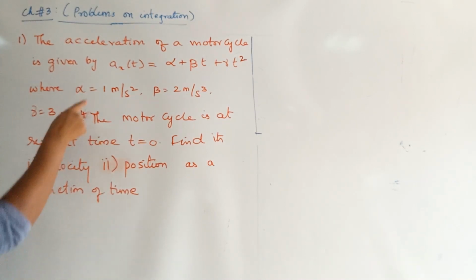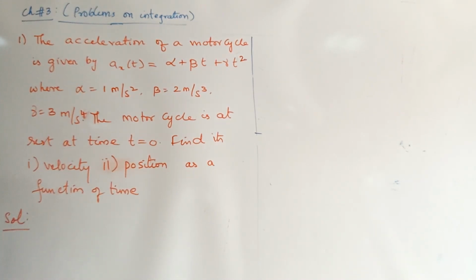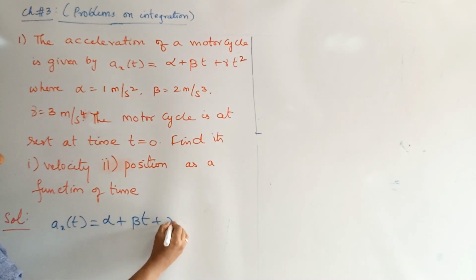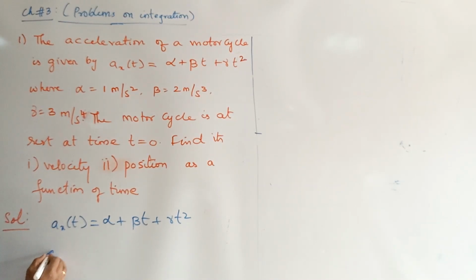How to find velocity from acceleration? The acceleration equation is given, and you need to find velocity. How to do that? Integration. That is my concept. Let me first write the given equation. Acceleration as a function of time is given by alpha plus beta t plus gamma t square. Since alpha, beta, gamma values are given, let us write that equation again.